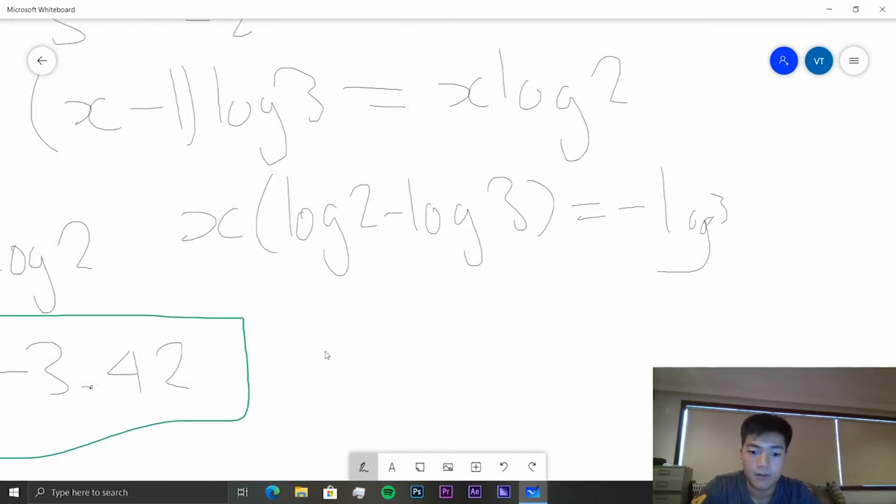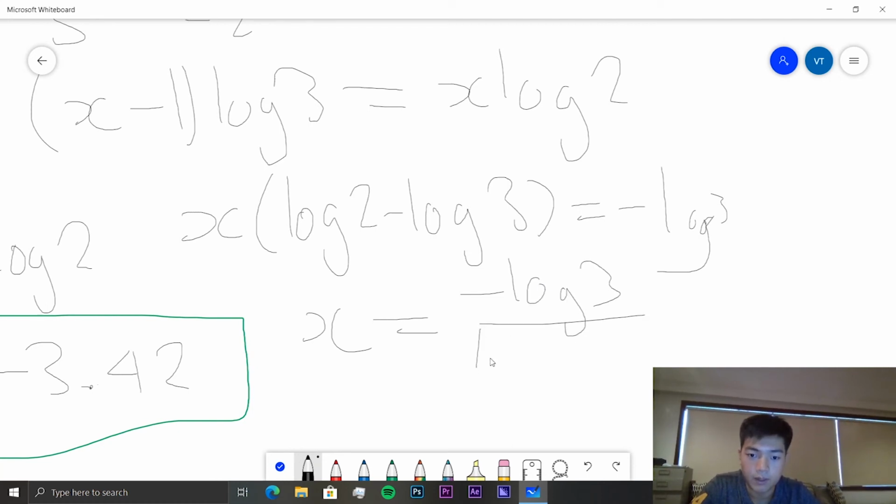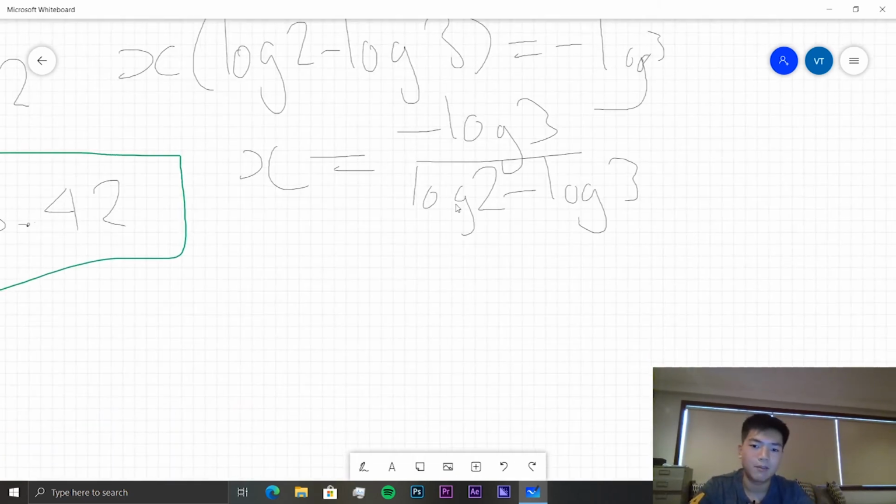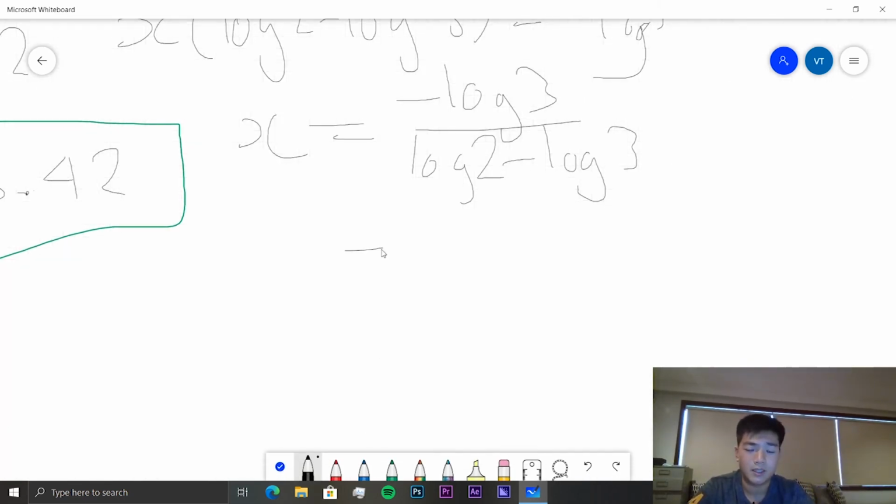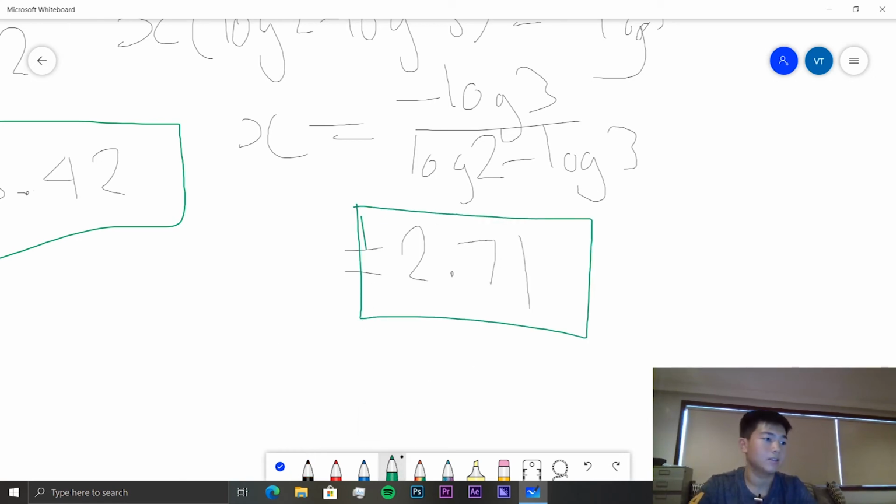So x is equal to negative log 3 over (log 2 minus log 3). It doesn't matter too much what base these logarithms are in. So I'm getting 2.71 as the other answer. So these should be the two answers for that question. Okay, next one.